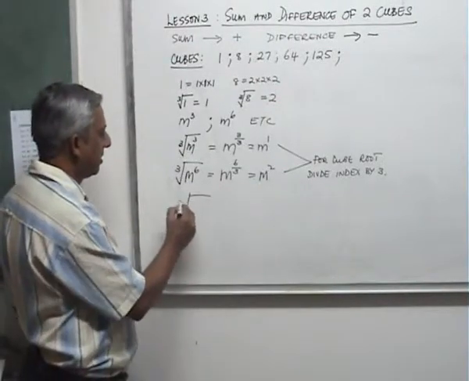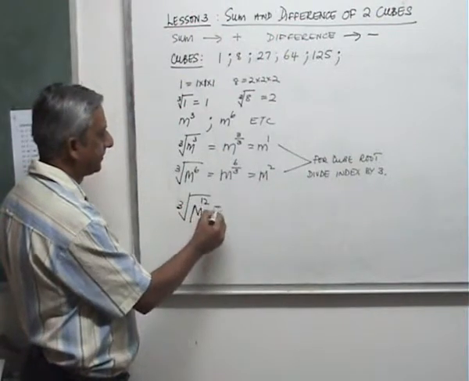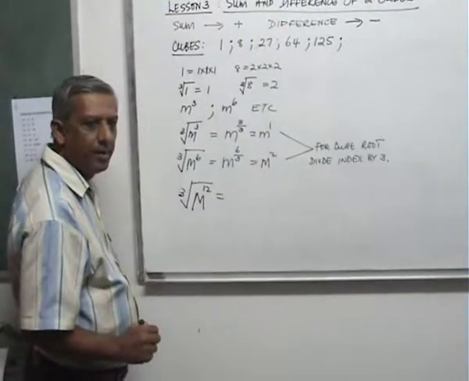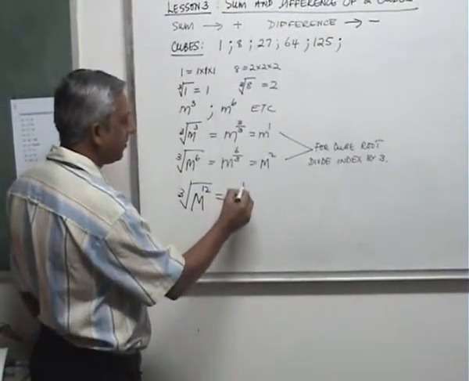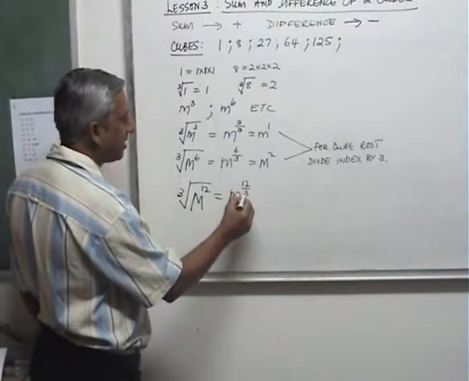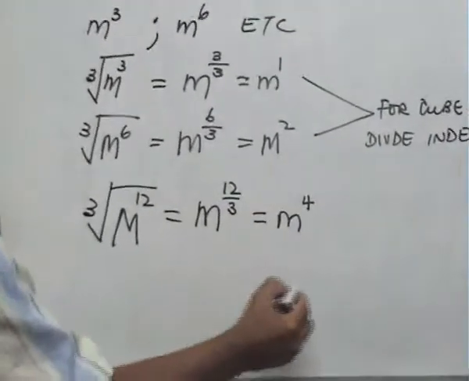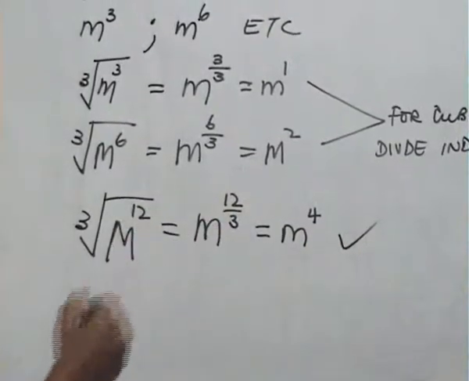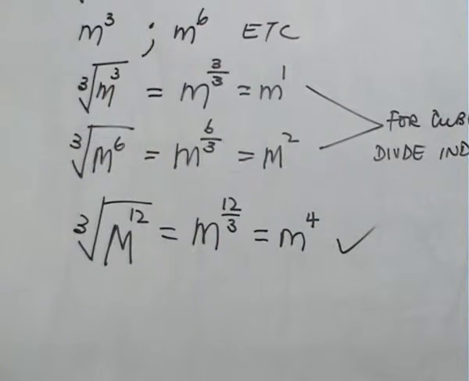What is the cube root of M to the 12? You just write M, there's 12, you divide it by 3, and you get the answer M to the 4. So I hope you were thinking of M to the 4 in your mind. As long as you know this, we are ready to move with sum and difference of 2 cubes.